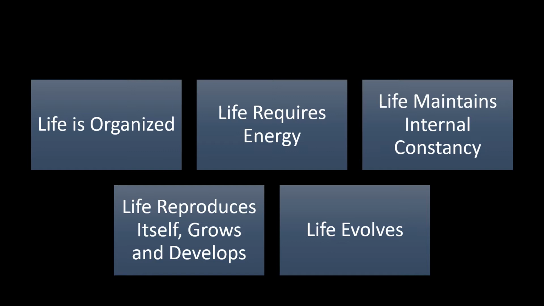A fork placed in a pot of boiling water absorbs heat energy and passes it to the hand that grabs it, but this does not make the fork alive. A fire can reproduce and grow, but it lacks most of the other characteristics of life. It is the combination of these five characteristics that makes life unique.